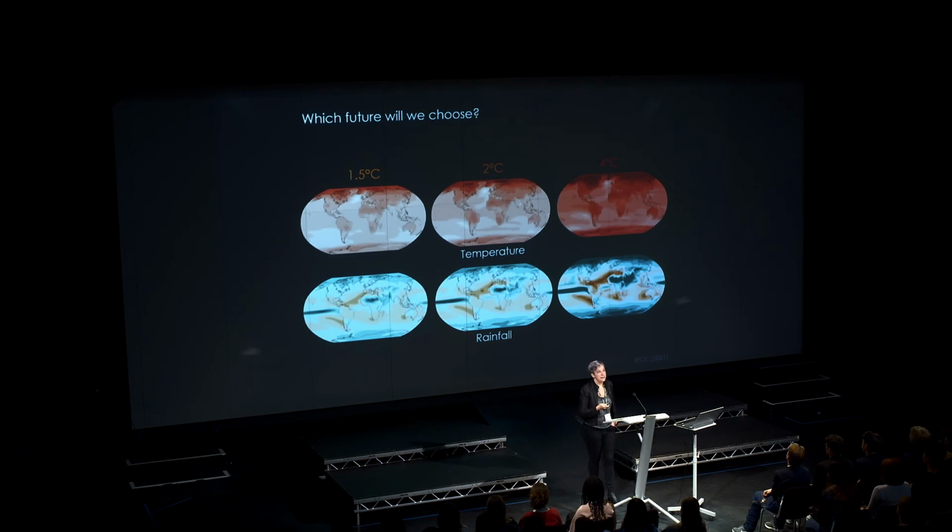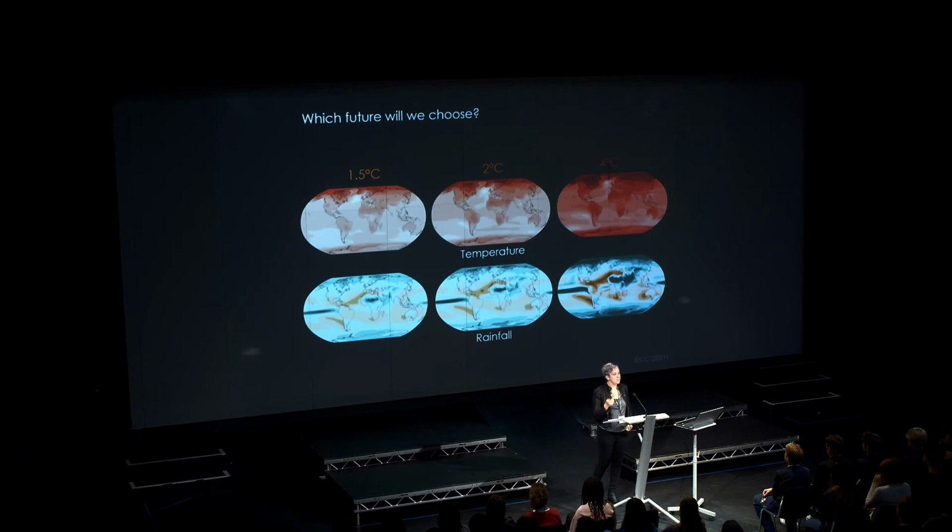Also, that Pliocene period, remember, 3 million years ago, was only 3 degrees warmer than pre-industrial. And that was the last time that temperatures were above 2.5 or so degrees for any length of time. So a 4-degree world would be really different from anything we've seen for about 3 million years. So not something we want to head for, but I don't think we're going to, and I'm going to say why at the end.